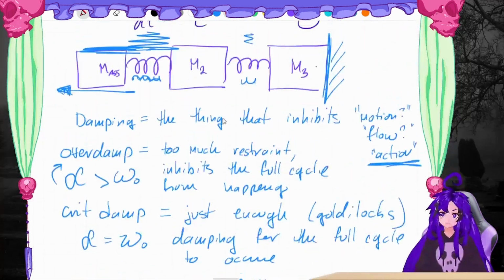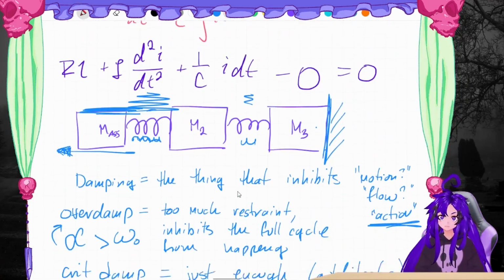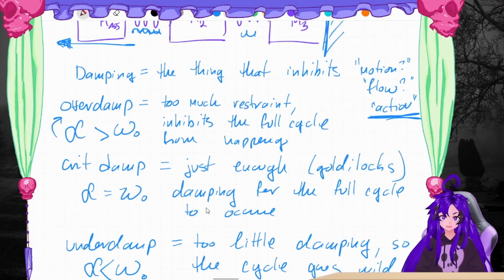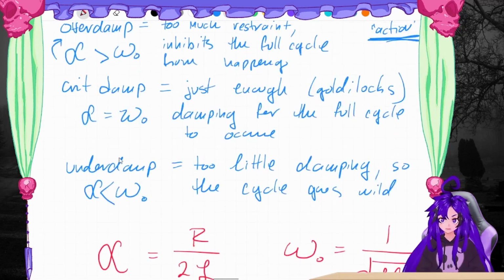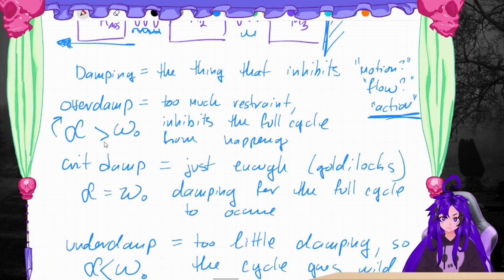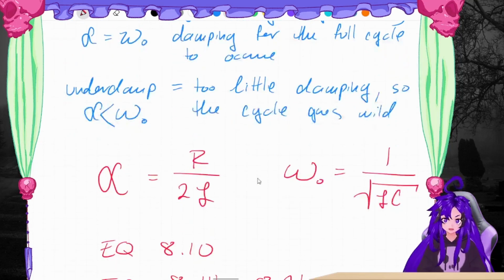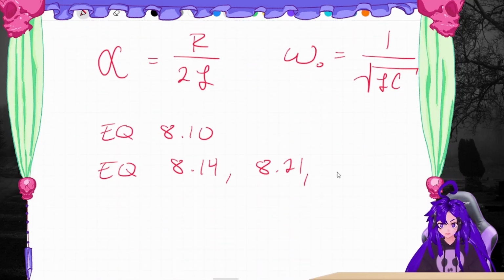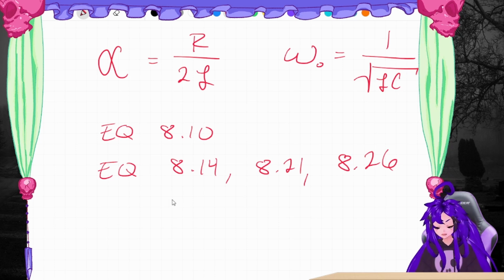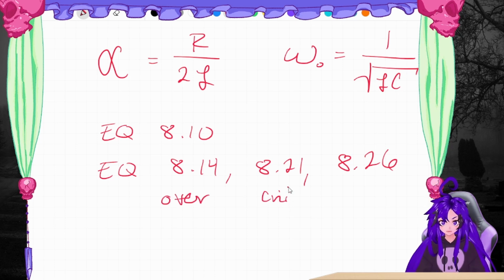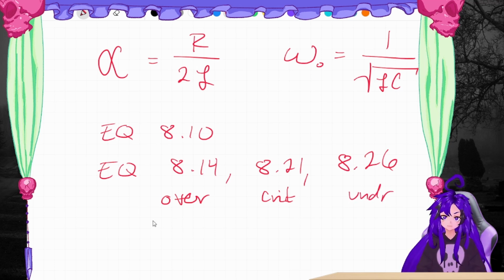So this stuff only counts for second order equations, anything that has to do with alpha and omega naught. And then these equations that I'm listing, 8.26, are for overdamped, critically damped, and underdamped.